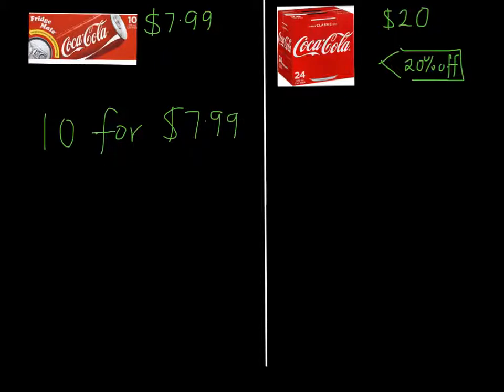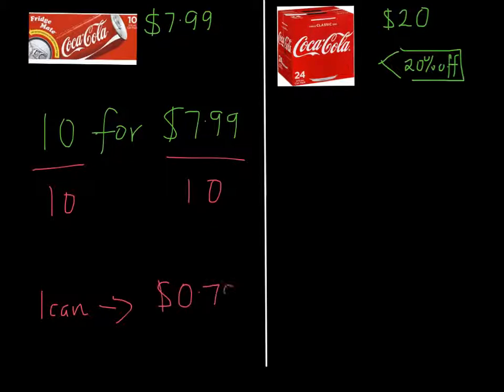To work out the price per one can, divide by 10. So we'd need to divide the price by 10. The price per one can, $7.99 divided by 10, is going to be equal to 0.799 dollars. That rounded off is going to be equal to 80 cents per can.